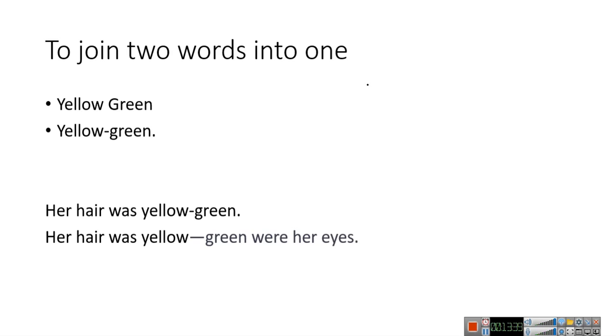In this case, I need to use the hyphen because the hyphen is giving me the opportunity to join 2 words into one. Let's look at this example. Her hair was yellow-green. Her hair was yellow-green and green were her eyes. Juli, please tell me, we have example number 1 and number 2.